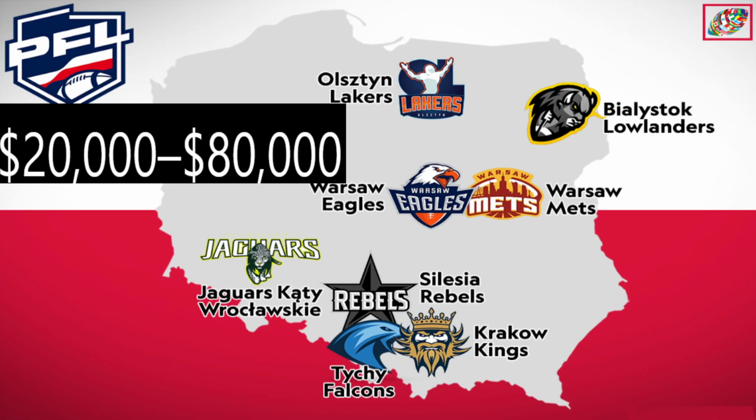The Polish Football League had two of their best teams poached by the ELF, which is just damaging it and probably going to affect their solvency and the legitimacy of this league, because their best teams have been taken away.